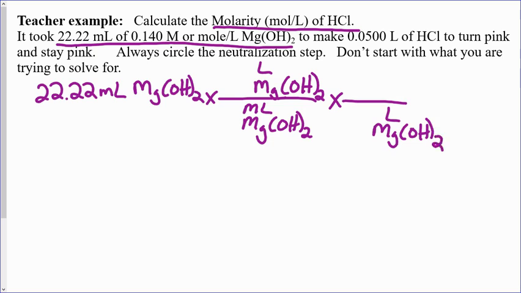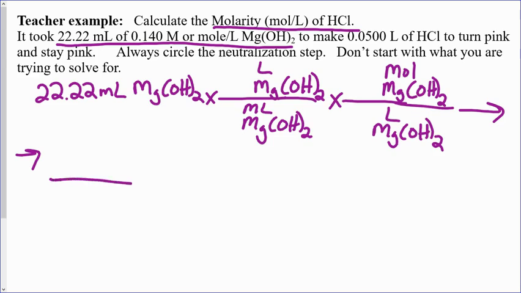From liter island, we're going to go to moles of any base, and that's going to be moles of magnesium hydroxide. As you can see, I ran out of some room, which maybe you do too, so I use some arrows. Bring the arrow back in over here. Whatever's on top of the prior step goes on the bottom of the next step.